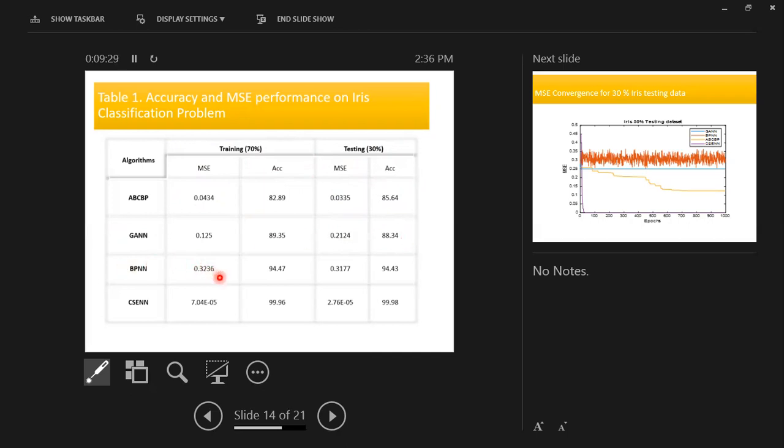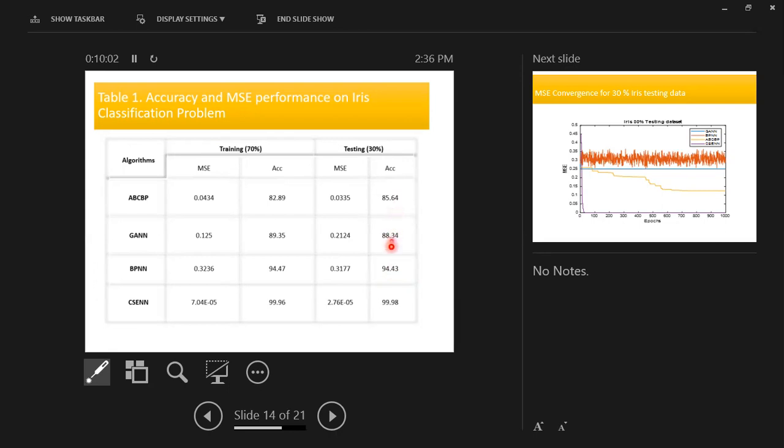Now we look at the performance of the backpropagation neural network. It gives a mean square error of 0.3236 and an accuracy of 94.47% with 70% training data. On the 30% testing data, it gives a mean square error of 0.3177 and an accuracy of 94.343%.